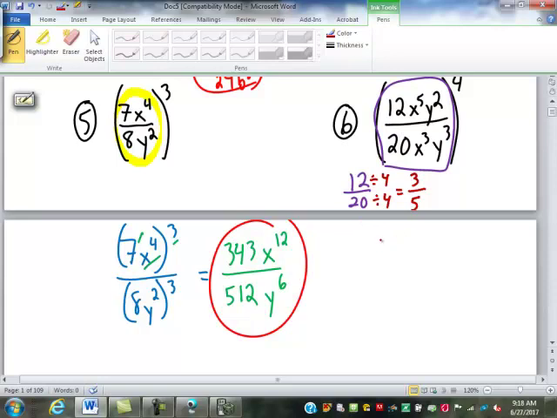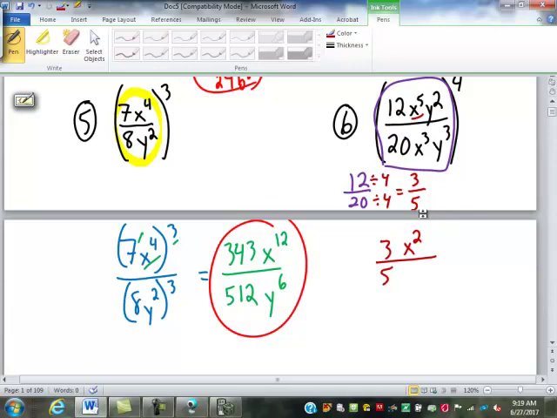Good. So as we reduce that, we're going to have 3 on the numerator and 5 in the denominator. What's going to happen with x? Top or bottom? Top and power of 2. Very good. The larger power was on top, and 5 minus 3 makes 2.